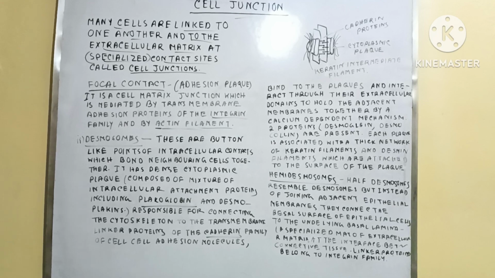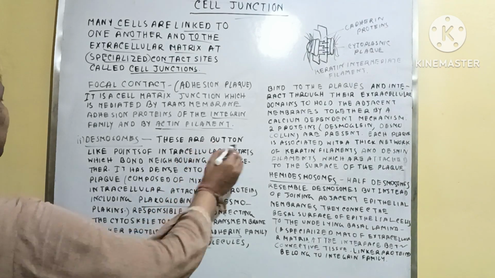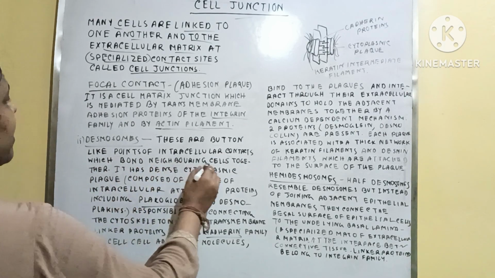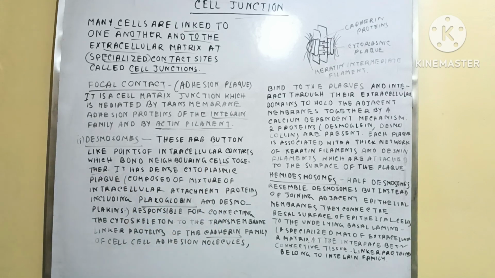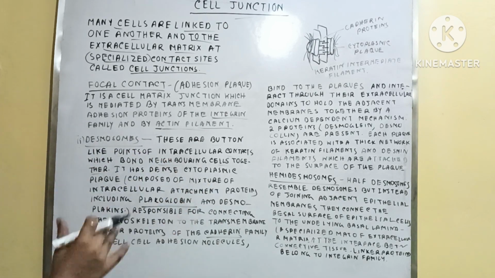Next is the desmosome, another kind of anchoring junction. These are button-like points of intercellular contact which bond neighboring cells together. Clear? These are button-like contacts, or connections, that bind the neighboring cells together.